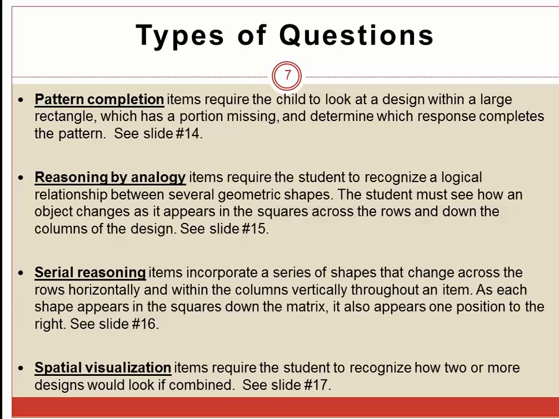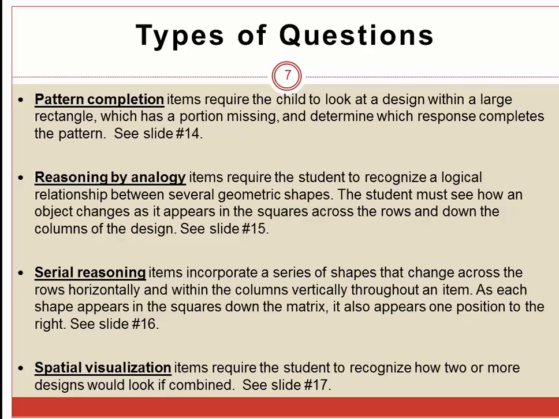Reasoning by analogy items require the student to recognize a logical relationship between several geometric shapes. The student must see how an object changes as it appears in the squares across the rows and down the columns of the design. Serial reasoning items incorporate a series of shapes that change across the rows horizontally and within the columns vertically throughout an item.